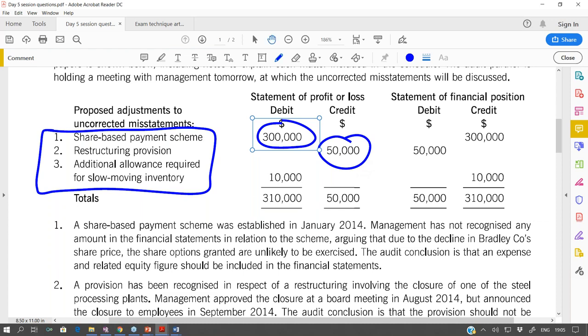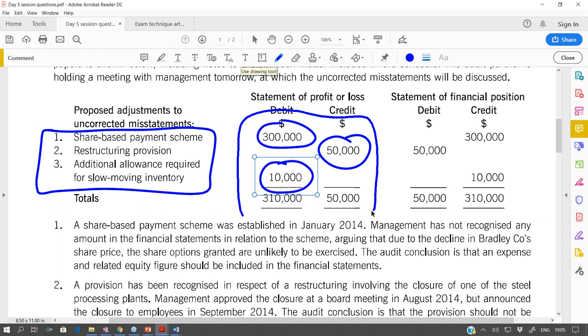Then I'll go to 10,000 and say whether the auditor should give an unqualified or qualified opinion. This is individual. Then I need to tell the examiner that for all three, if I do the aggregation, what should be one opinion? So first I gain my marks for individual, then I gain my marks for aggregate. Is everyone becoming clear on that?